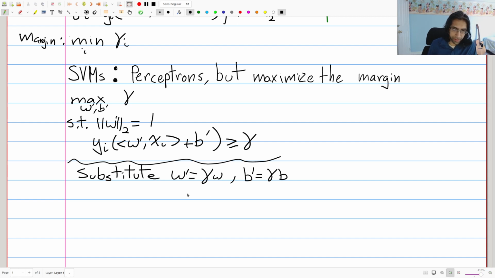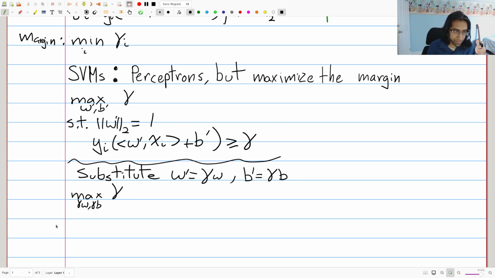If we do this, then there are some things which are easy to derive. Let's do it step by step. First, substituting some of this in, we're trying to maximize over gamma times w, gamma times b, of gamma.